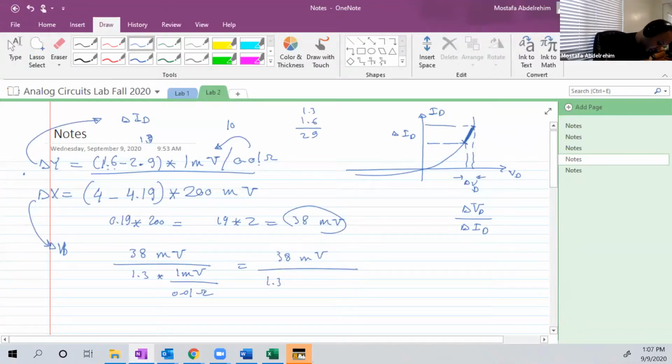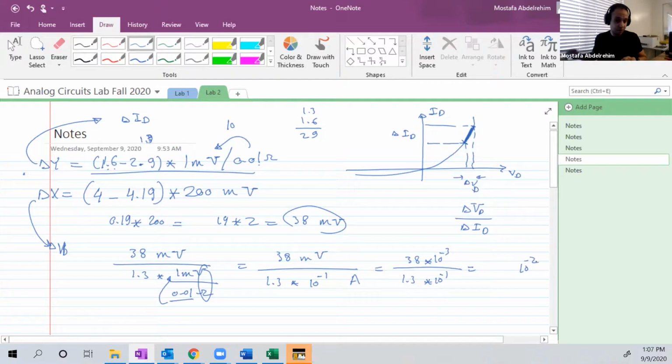This will give us amperes, and this guy goes up here, will be 100, so this will be 10 to the power minus 1. So 1.3 times 10 to the minus 3, minus 1, will give us something to the power minus 2. What is this value?